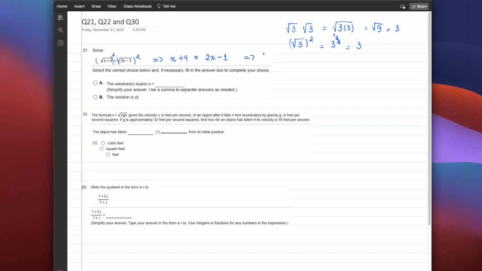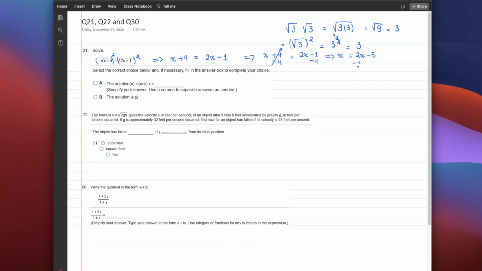I add the opposite of 4 on both sides, so this term no longer exists. Then I have x on the left and 2x minus 5.